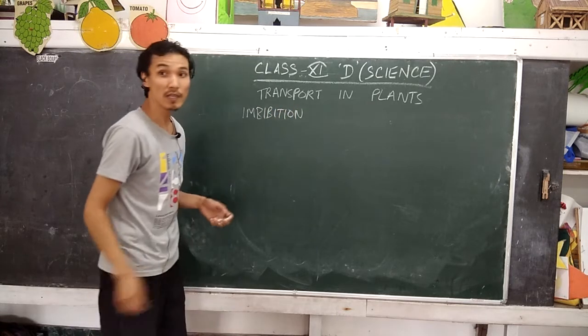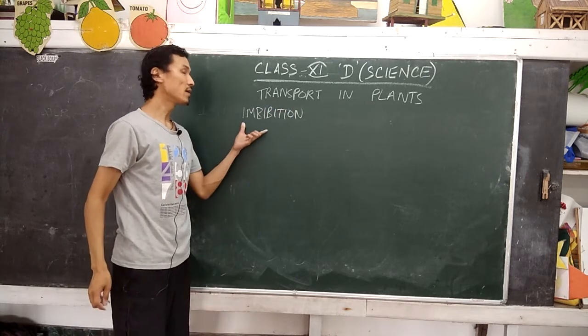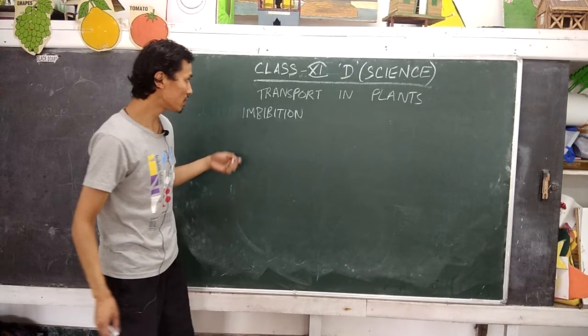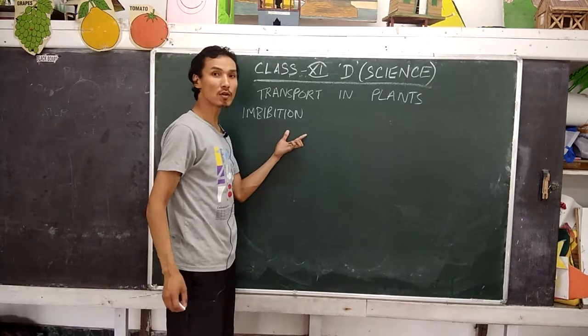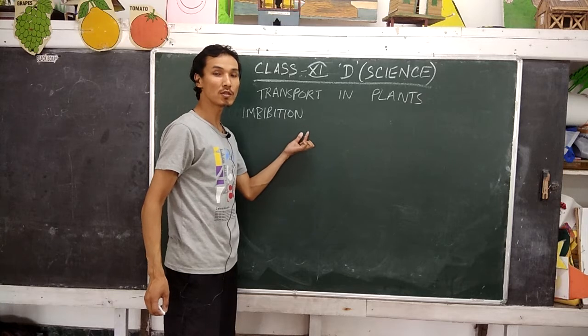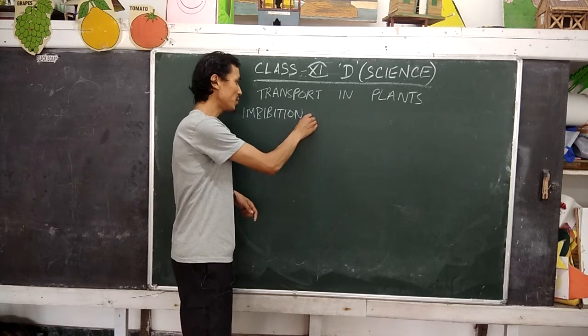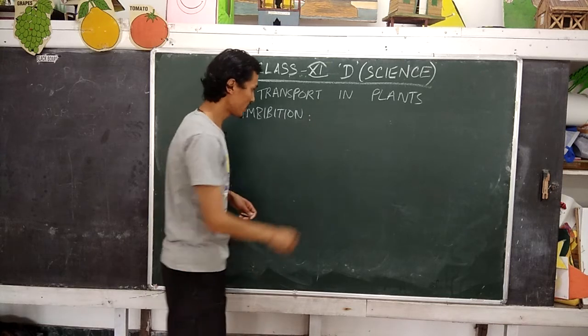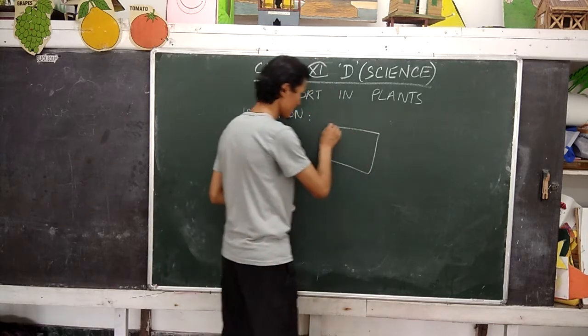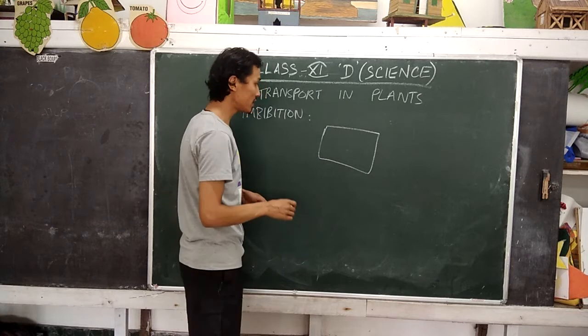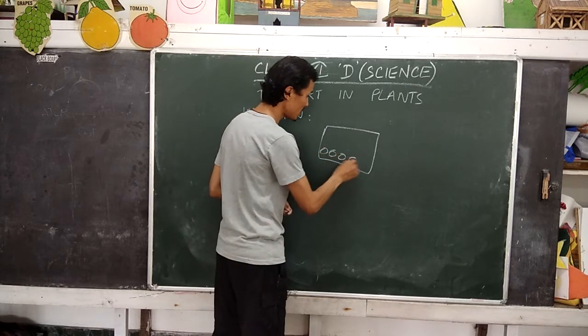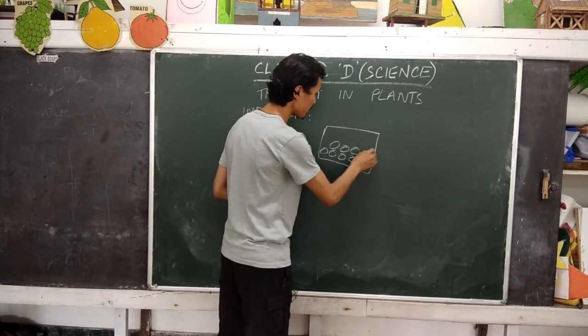The next process is imbibition. Imbibition is the absorption of water molecules by certain molecules present in the cell. In order to understand imbibition, you can do a simple experiment. Take a box or a tin jar, place seeds in them.